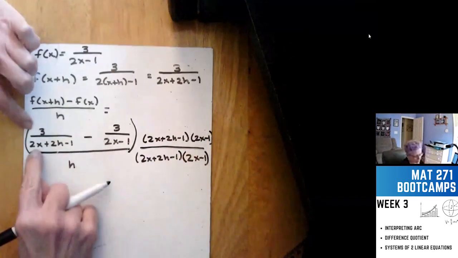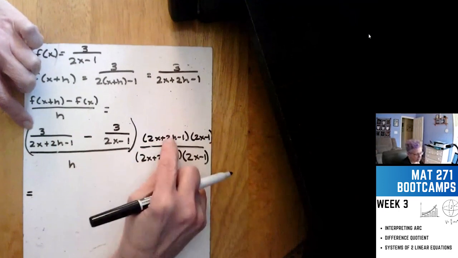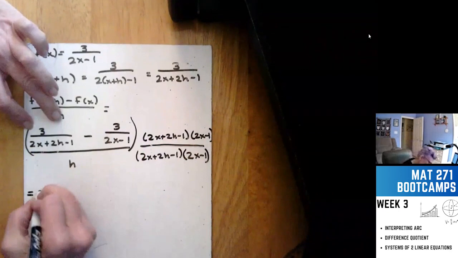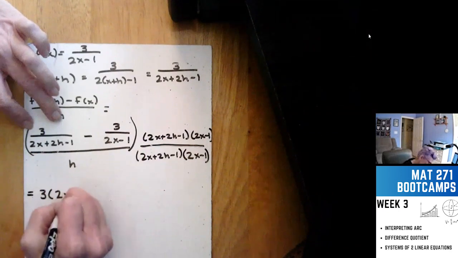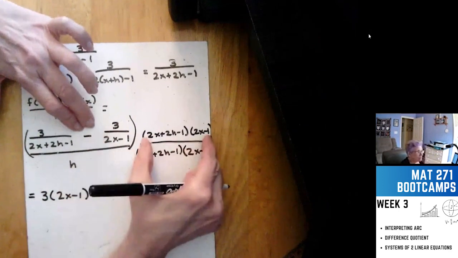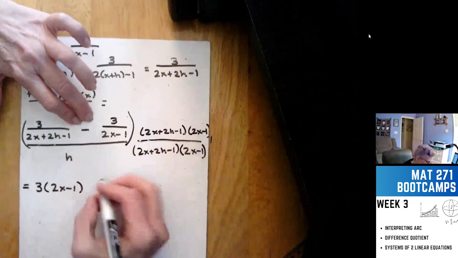I multiply this term by the least common denominator. 2x plus 2h minus 1 cancels. I multiply this term by the common denominator. 2x minus 1 cancels.